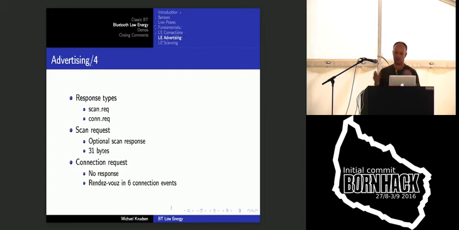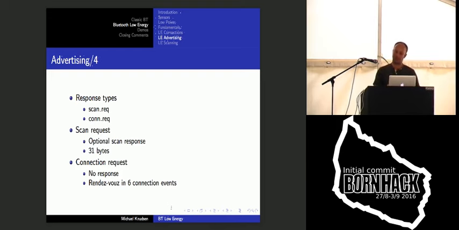For instance, you're advertising saying, I'm a thermometer, and maybe you don't want to tell everybody which thermometer you are. You only do this extra transmission in case someone comes and tells you, I would like to know more. Then you can save a bit of power by not transmitting all of it every time.